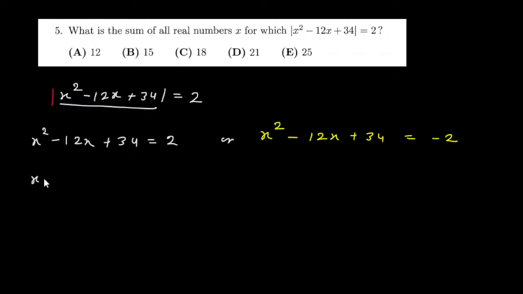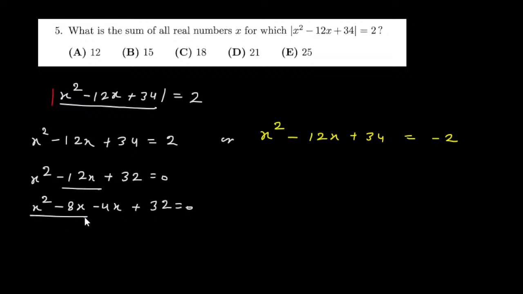Here it is x² − 12x + 34 − 2, subtracting 2 from both sides, so I get x² − 12x + 32 = 0. Now I factorize 32. In factorization you know that we have to find two factors such that their sum is −12, which is the middle term b, and product is 32. So −8 and −4 is that number.